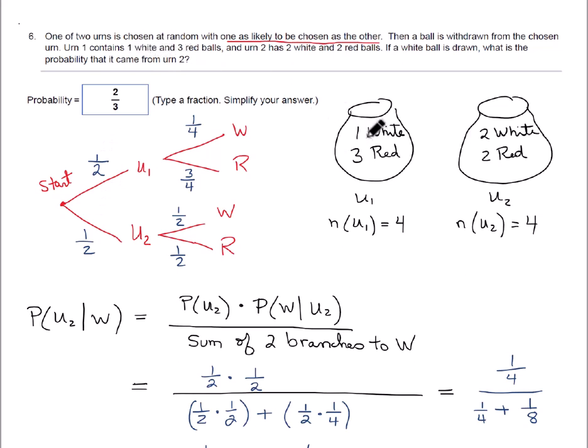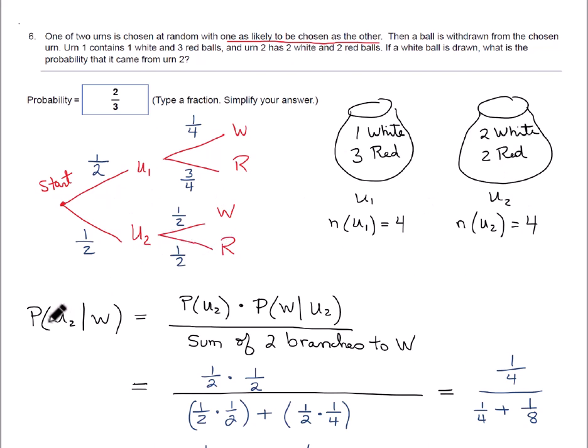Urn 1 has 1 white, 3 red. So the number of things in there is 4. So the probability of white is 1/4, red 3/4. Urn 2 has 4 things in it. The probability of white is 2 out of 4, so 1/2. Probability of red is again 2 out of 4, which is 1/2.